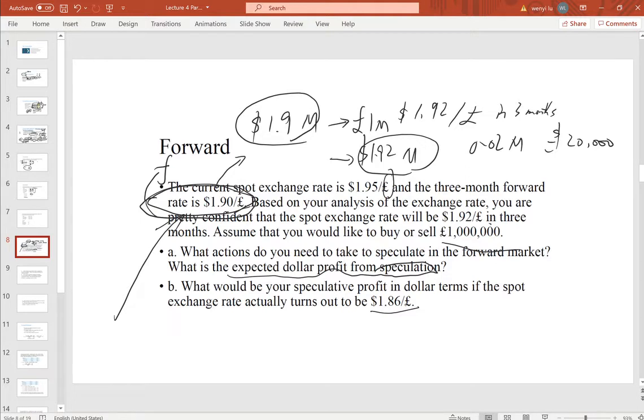You must pay $1.9 per pound, but in the real market it's only $1.86 per pound. Right, so you lost 4 cents.